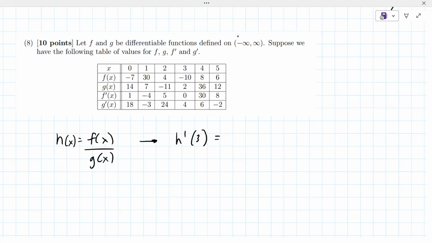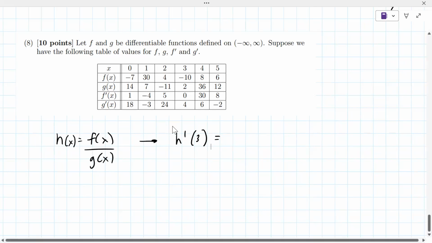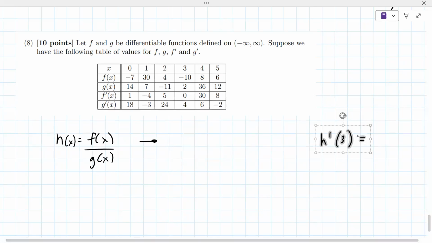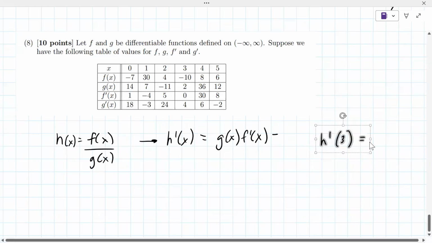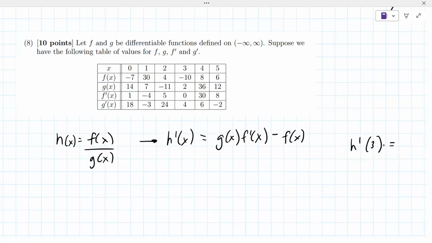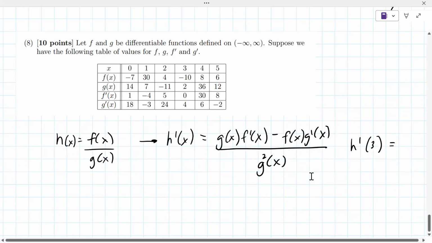Yes. So what you really have to find as an intermediate step is h prime of x, which is g of x f prime of x minus f of x g prime of x over g of x squared. And then to find h prime of 3, you're putting 3 in for all of that.